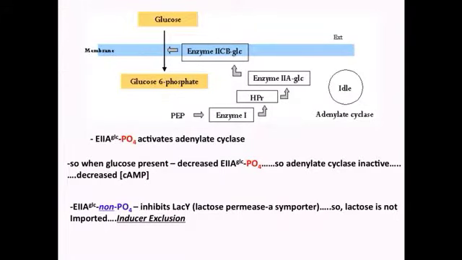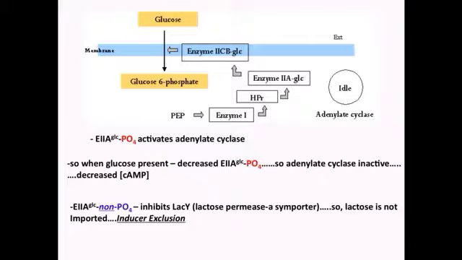Now, mechanistically, how does the phosphotransferase system mediate this catabolite repression? And again, as I'm talking about this and using the lac operon, keep in mind that this is happening simultaneously for every other sugar that the bacterium could utilize.